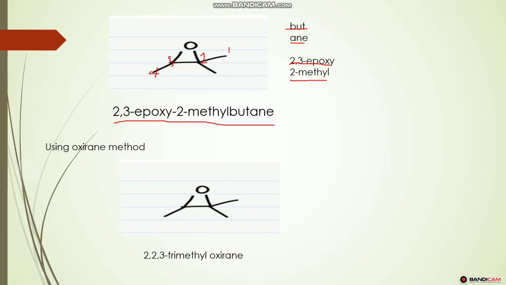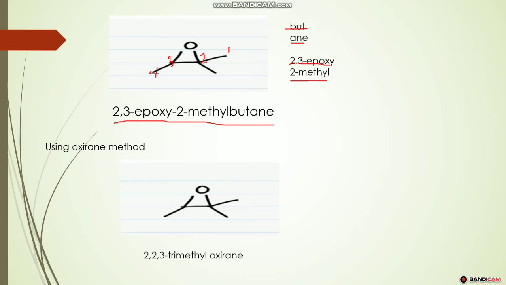In using the oxirane method, in this case we have multiple substituents. We have the methyl and the epoxides.